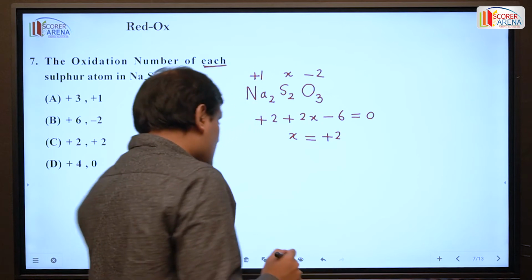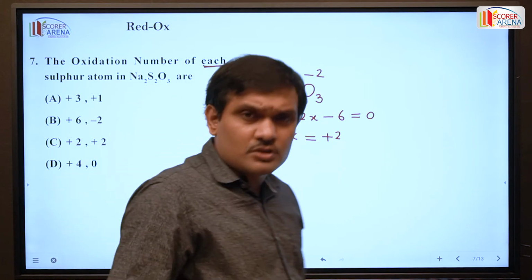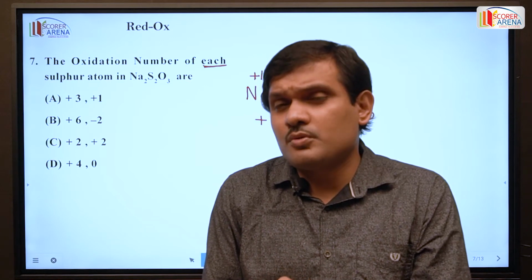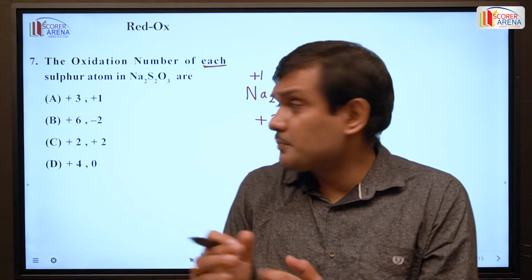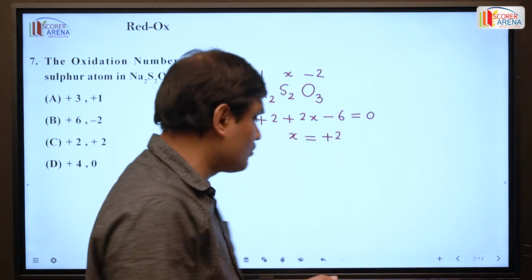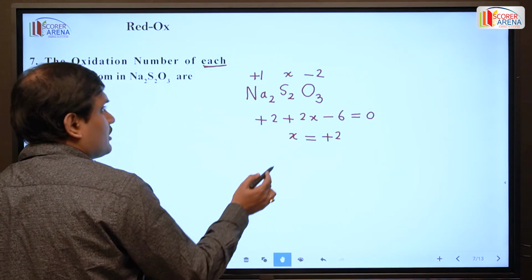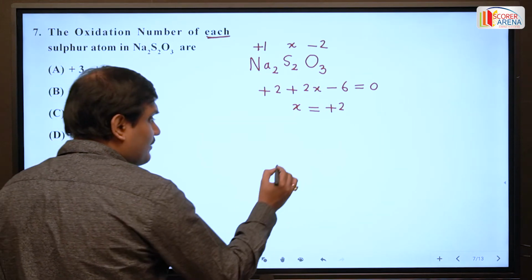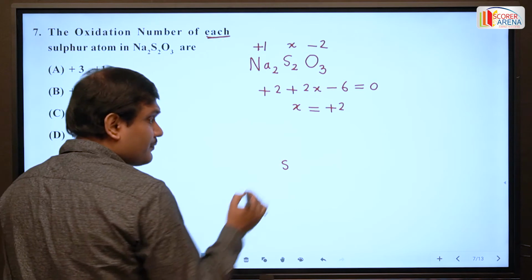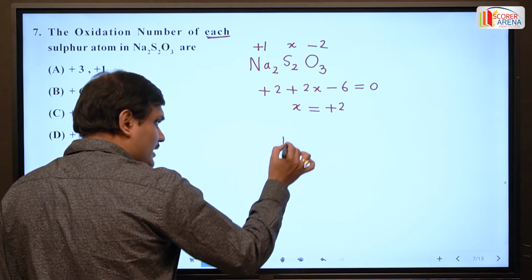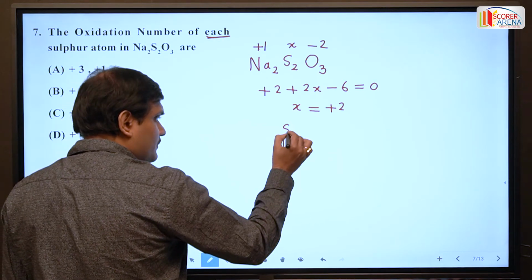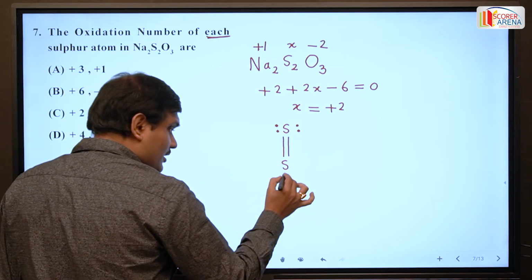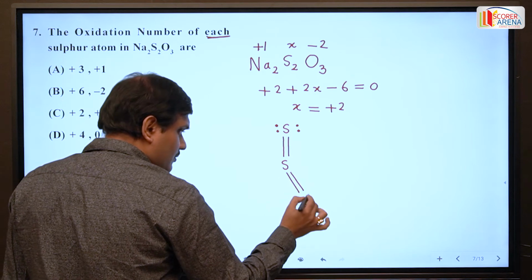Okay, so in determining oxidation state, the important concept is that we have to write down the structure. We have to draw the structure of Na2S2O3. If I draw the structure of Na2S2O3, it will have sulfur in its middle, bonded with another sulfur, and bonded with oxygen with a double bond.